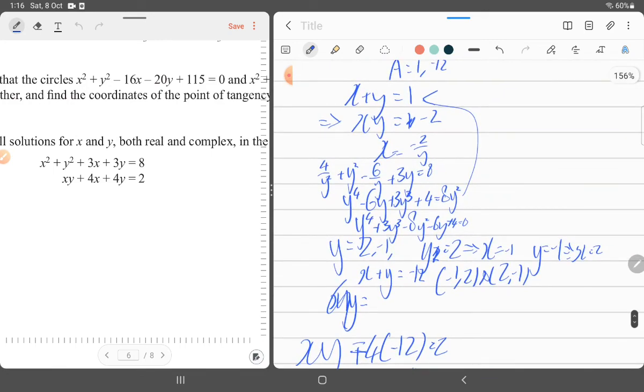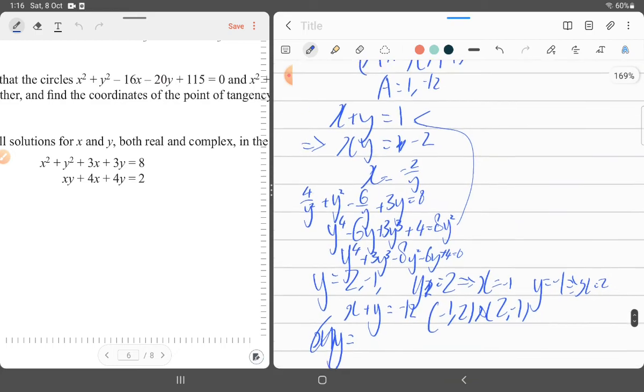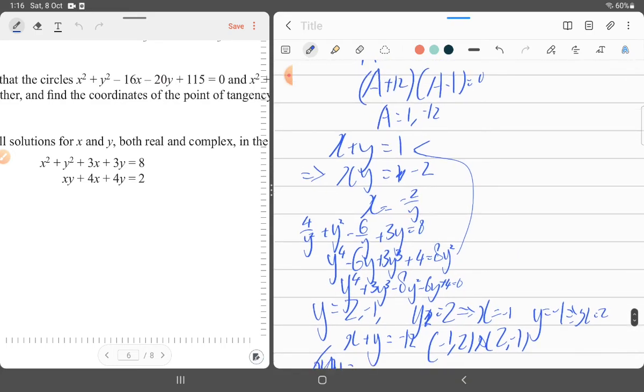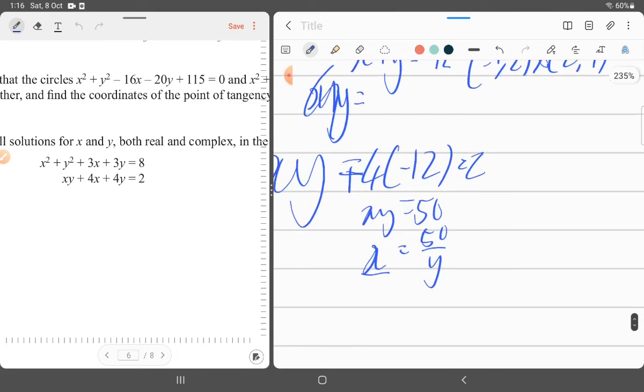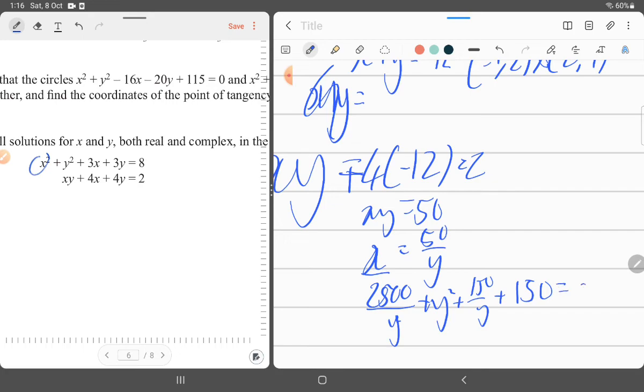Wait, what did I plug it back into? 1 AM isn't... I substituted back into here. 2500 over y squared plus y squared plus 150 over y plus 150 is equal to 80.